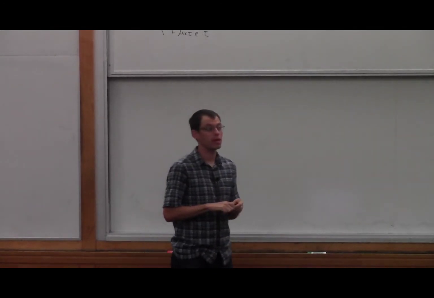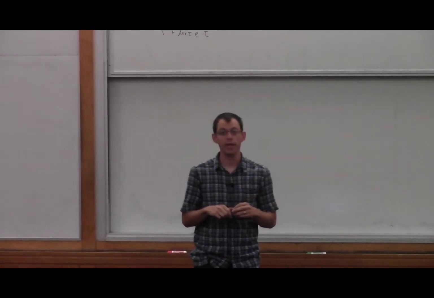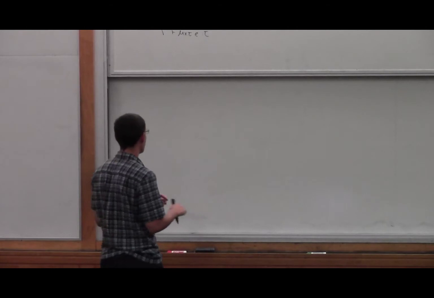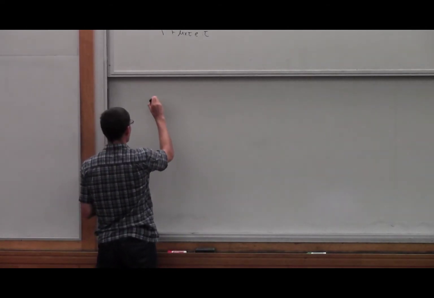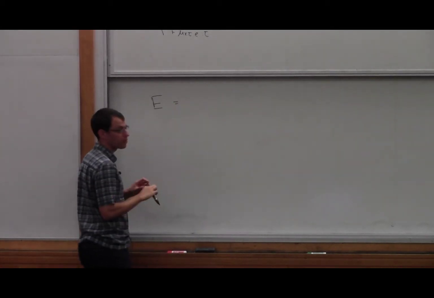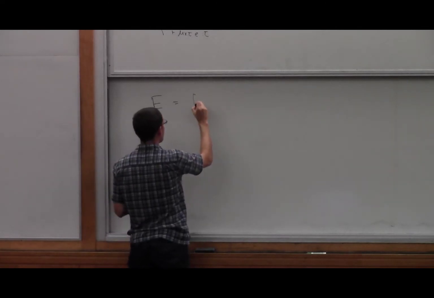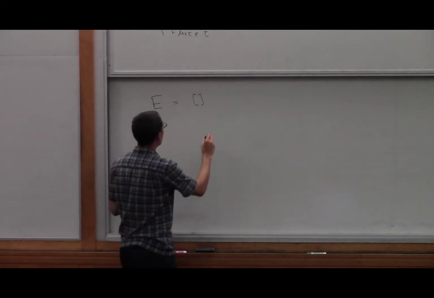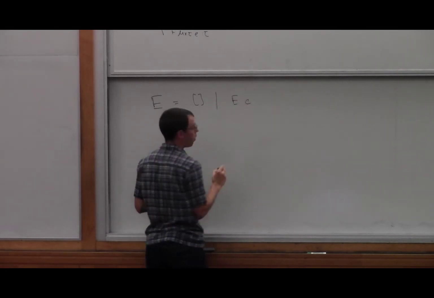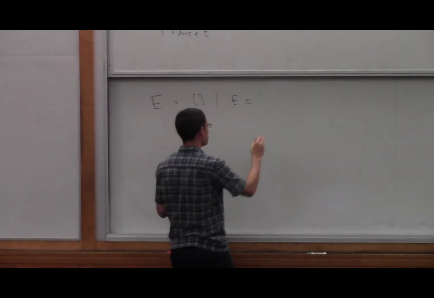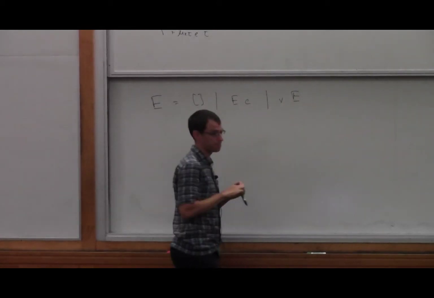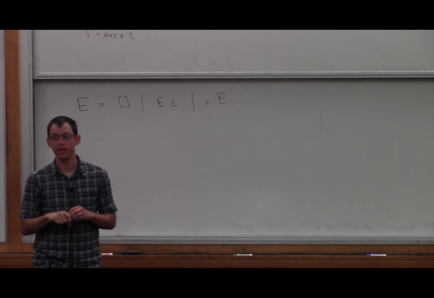So the operational semantics is going to be formulated in terms of evaluation contexts, like we saw last time. So we need to give a definition of the evaluation contexts, for which we're going to use capital E. We're going to give a grammar of evaluation contexts. An evaluation context can be a hole, or we can evaluate in the operator of an application or in the operand of an application if we've already evaluated the operator to a value.